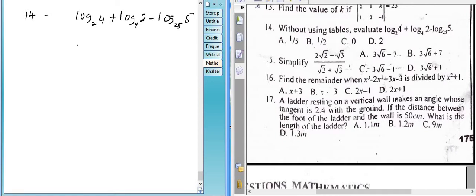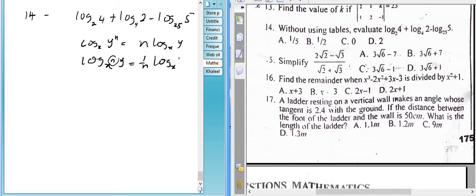So we know that according to the rules of logarithm, if you have log base x of y power n, this is equal to n log base x of y, the power becomes the coefficient of the log. And the second rule is, if you have log base x power n of y, this will be equal to 1 over n log base x of y, the n goes to the back as 1 over n.